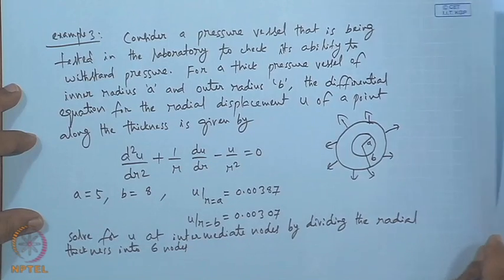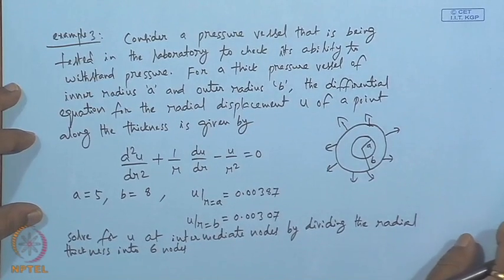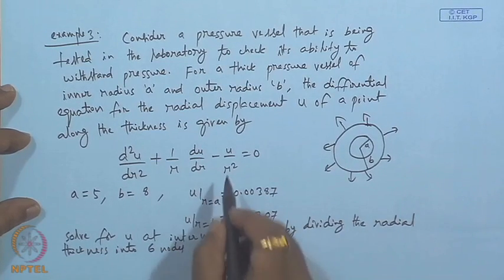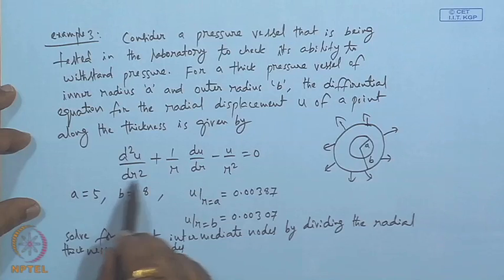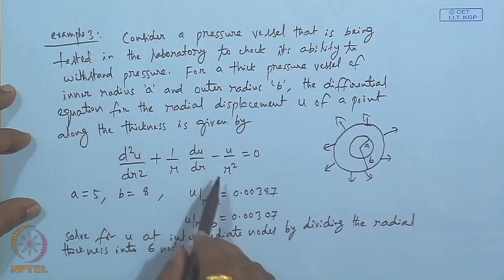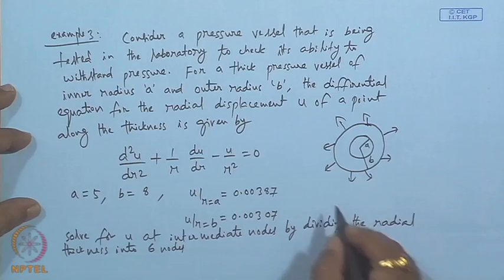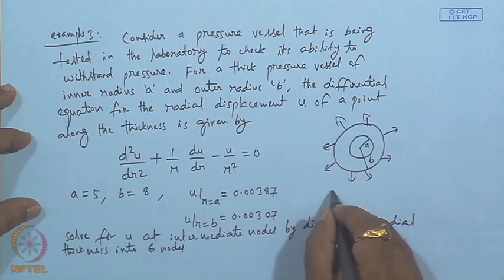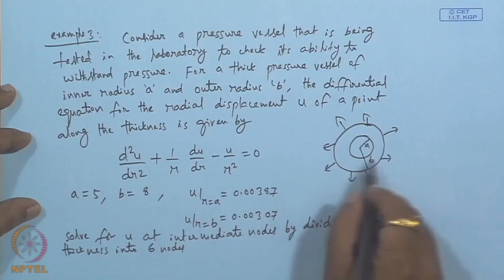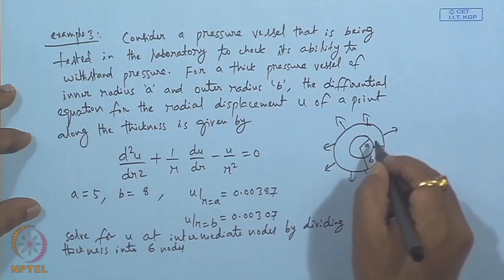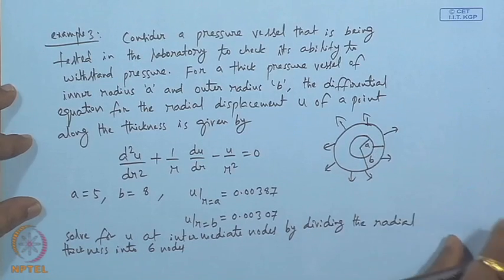Suppose this is a kind of application. What I would like to mention is that we need not be in a Cartesian framework every time. This time we are in a radial framework. So, this distance A to B, we have to cut it into 6 nodes.